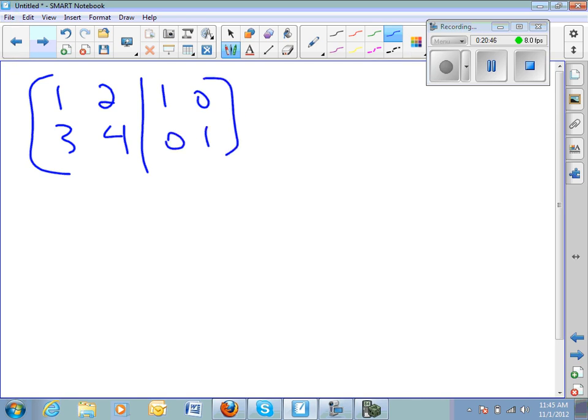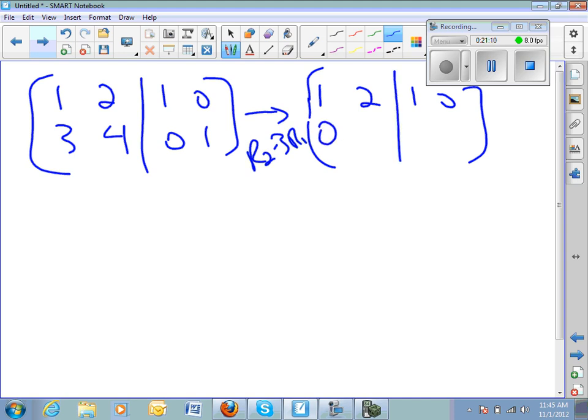What's the first step? Take row 2 minus 3, row 1. All right, so row 1 stays the same. And down here, row 2 minus 3, row 1. So that gives us the 0 we want here.